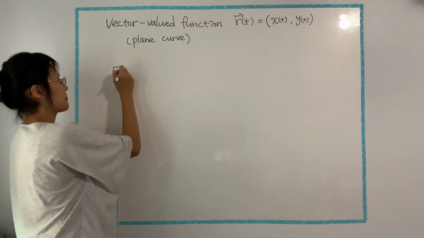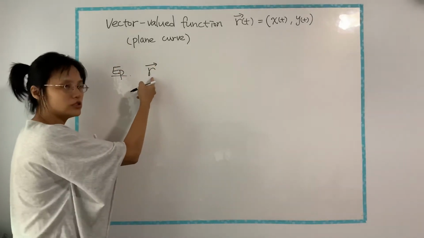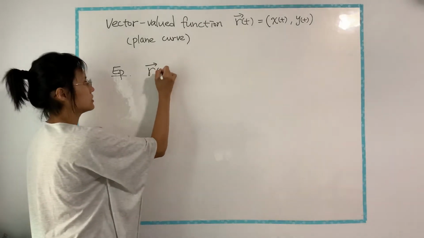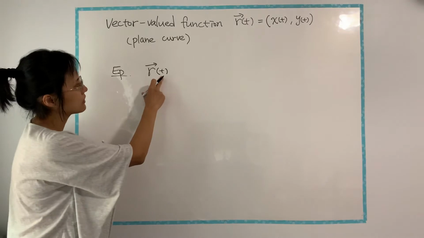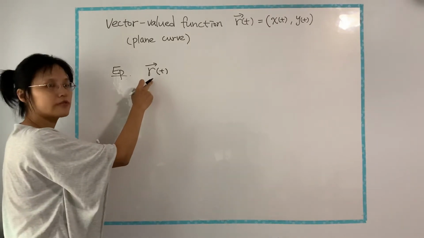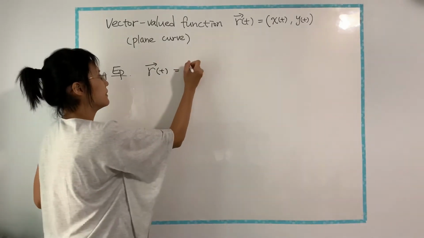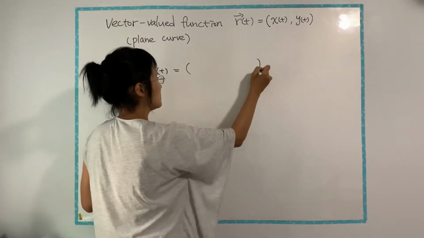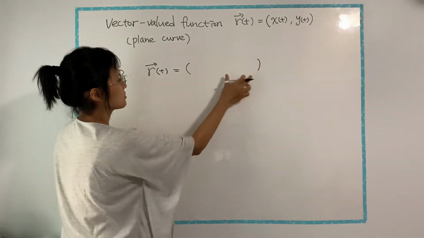So let's say I have a vector, but this vector is now a function, meaning at different input t, you have a different output vector r of t. And what my output vector is depends on the parametric equations that you get.